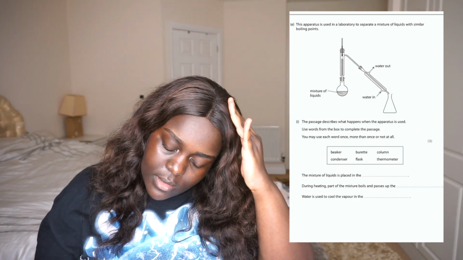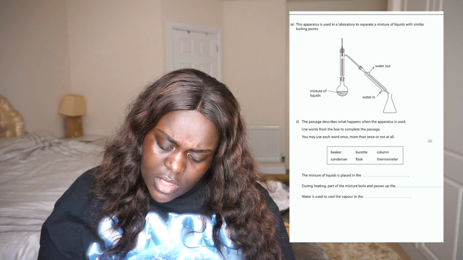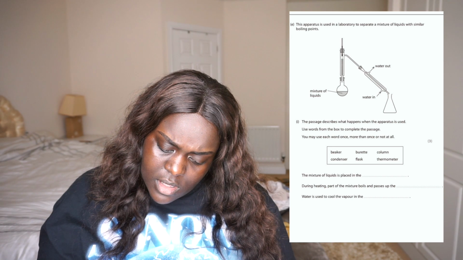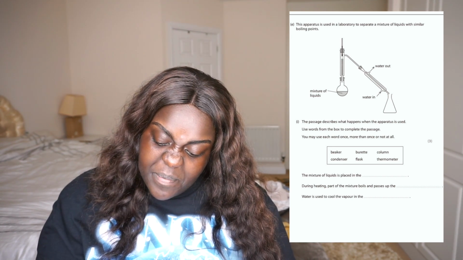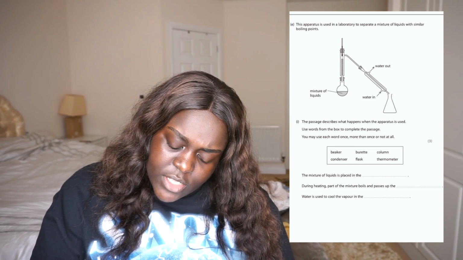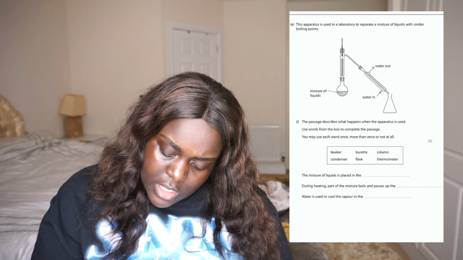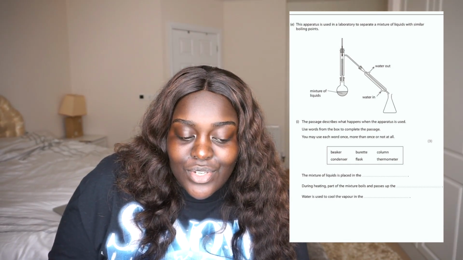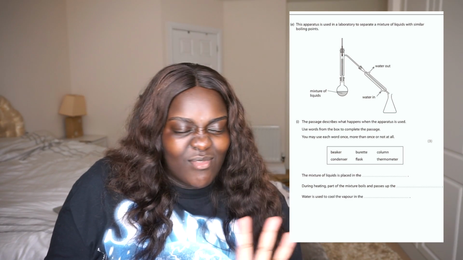During heating, part of the mixture boils and passes up the column. Water is used to cool the vapor in the condenser. Guys, I told you, my chemistry knowledge is just beautiful.